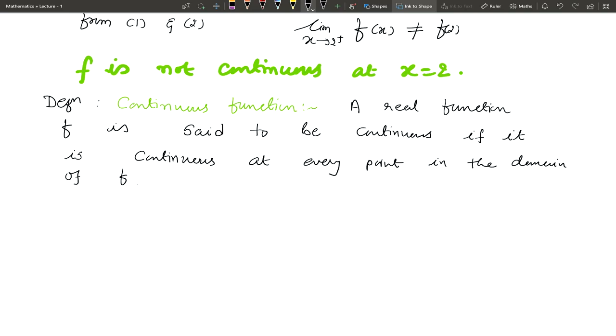So this is the definition of continuous function. A real function f is said to be continuous if it is continuous at every point in the domain of f.